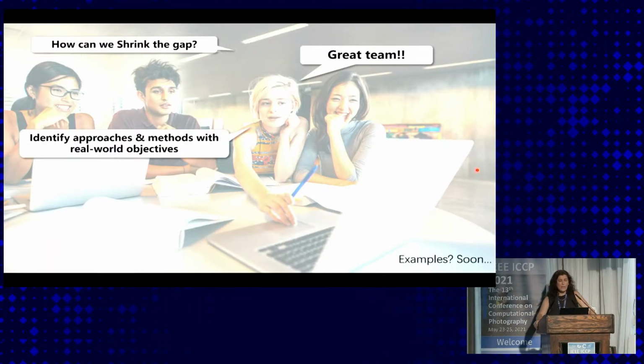I'll start with what might seem like a cliche: how can we shrink this gap? The first thing is you need the right team. And the right team, of course, you need great people. Everybody knows that. But I think it's even beyond that. We need to have people of different types. We need the researchers, those people who are really enthusiastic about cool mathematical optimization problems. You need the algo engineers, I would call them, people who want to do deep learning, know how to train models, but are excited about productization, and that's their drive.